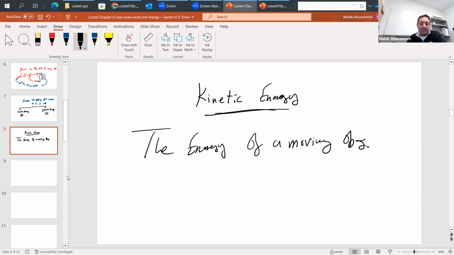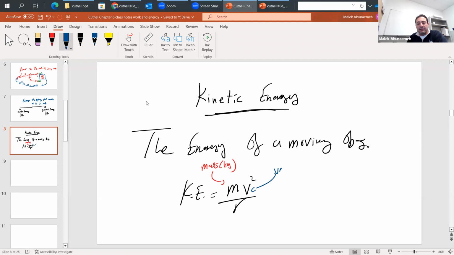Now, your kinetic energy is defined as mv squared over 2, where m is your mass in kilograms and v is your velocity in meters per second. It's 1/2 mv squared. Your mass is in kilograms and your velocity is in meters per second.